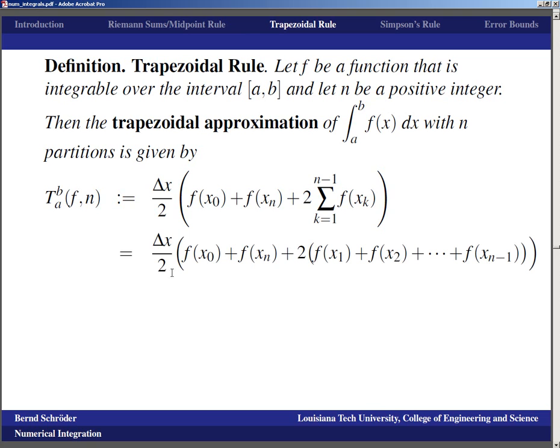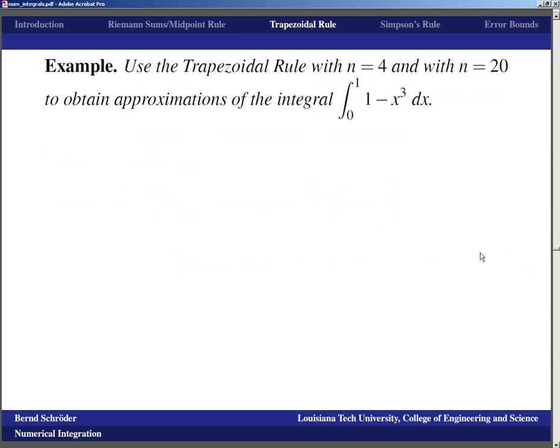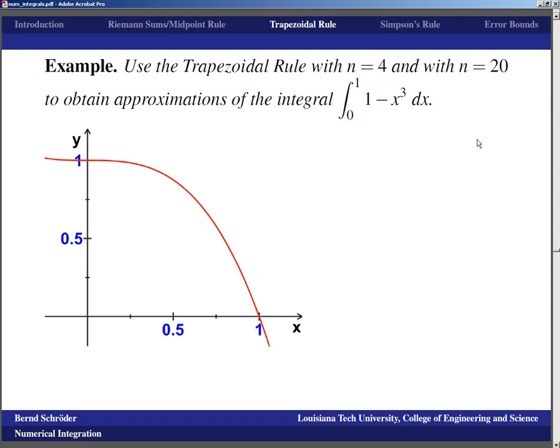If you want to write it out like this: delta x over 2, value at the left endpoint plus value at the right endpoint overall, plus 2 times the value of the function at all the points that are intermediate to our partition. And as an example, we go back to our function that we have already played with, 1 minus x cubed. We use 4 rectangles, 4 trapezoids and 20 trapezoids. And so what would that be?